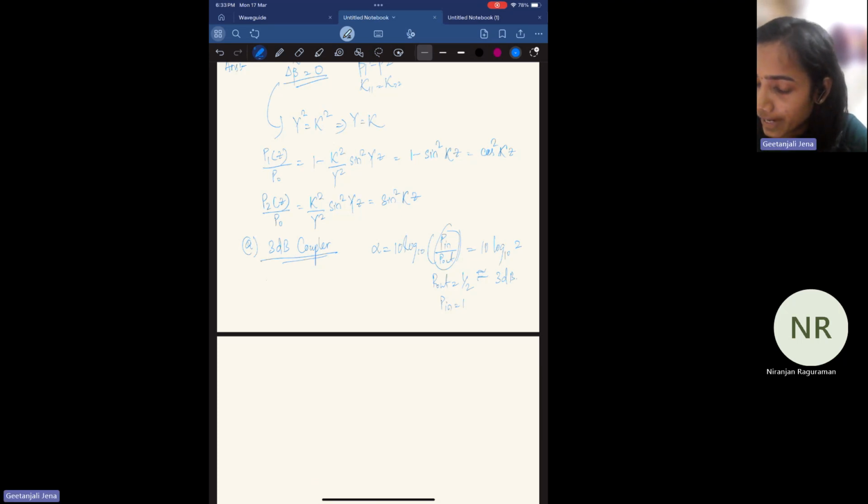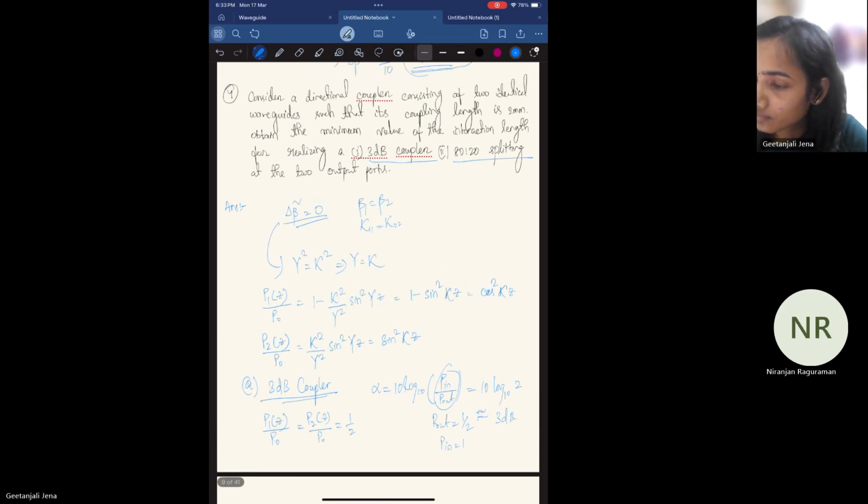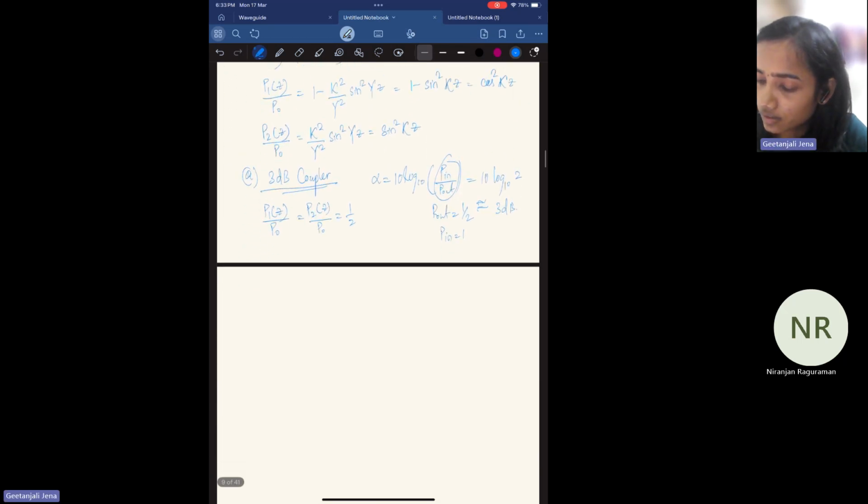Now we have P1(z) over P0 and P2(z) over P0 as half. What else is given to us? The coupling length is 2 mm. Coupling length is 2 mm means LC is pi by 2 kappa, and this is 2 mm.